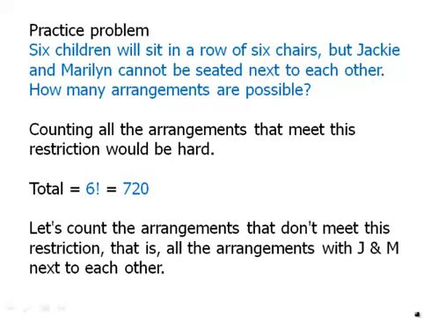That is, all the arrangements with J and M right next to each other. They could be right next to each other on the left, or one seat over, or in the middle, or one seat over, or all the way on the right. And so what we have here are 10 possible arrangements that they can sit together.